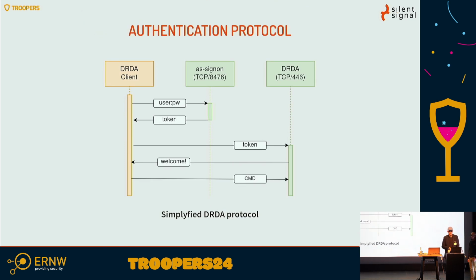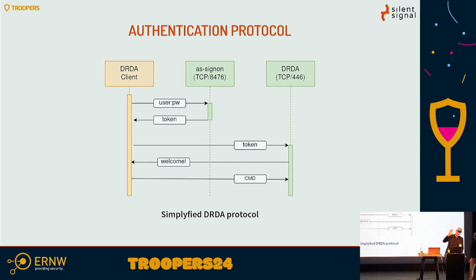So, how does the DRDA protocol work, and what is it? DRDA means Distributed Relational Database Architecture, and this is a standard protocol to interconnect databases and applications. This protocol, by design, allows command execution after authentication, and you can see the normal and simplified flow of this protocol.